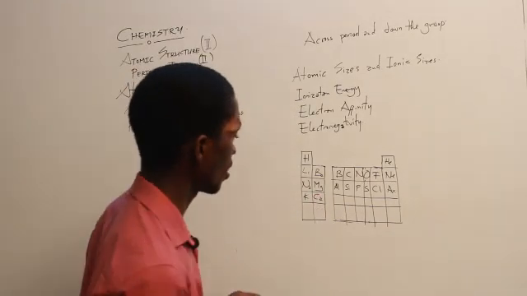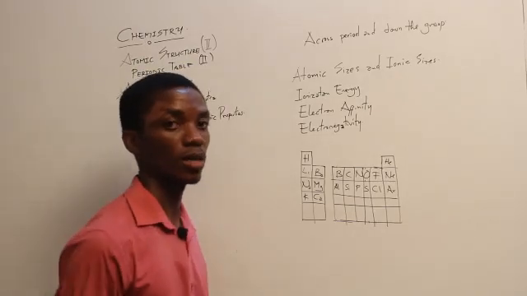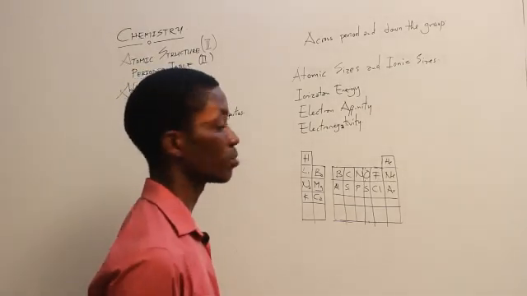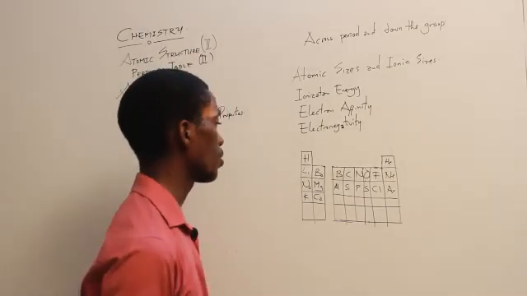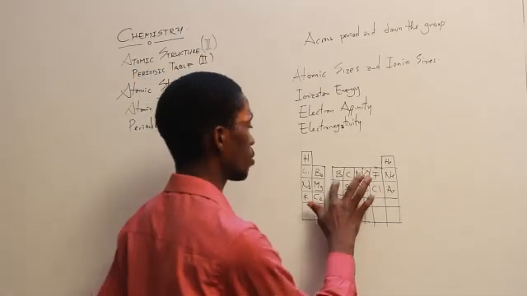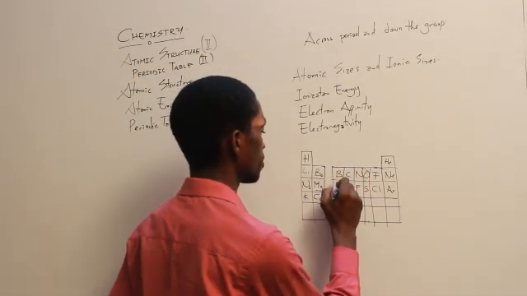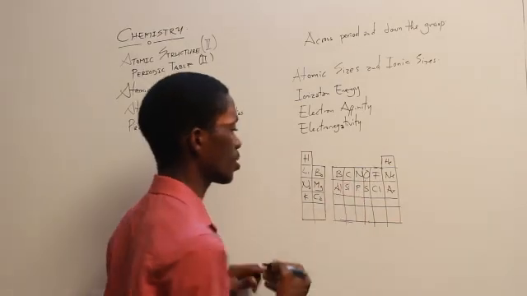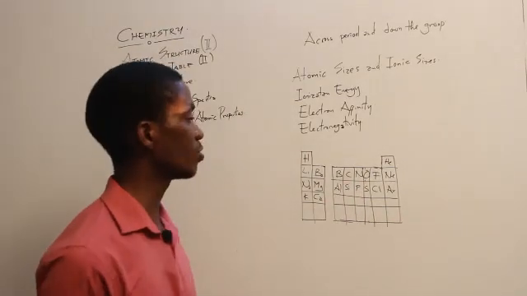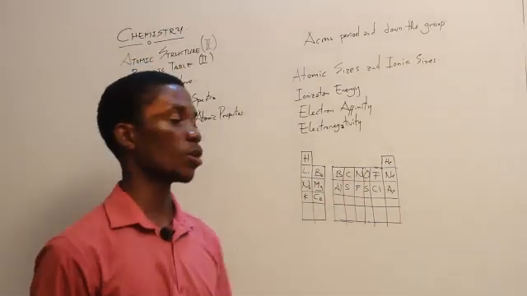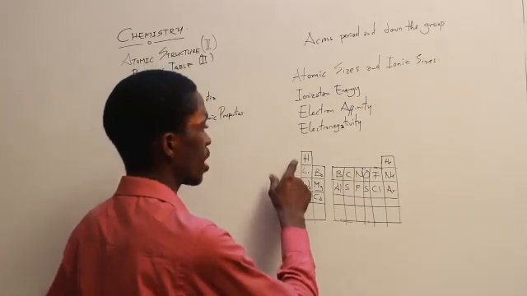After calcium we have scandium, titanium and the rest, but we're not going to be focusing so much on those. We will just be looking at the first 20 elements, and we use the knowledge of that and generalize it to the others. So we have hydrogen here.